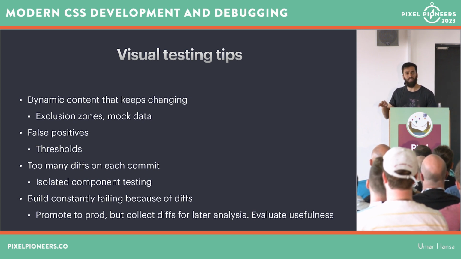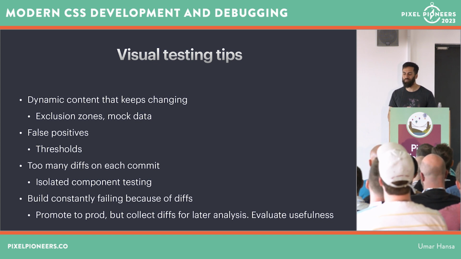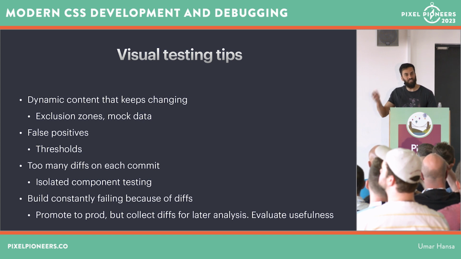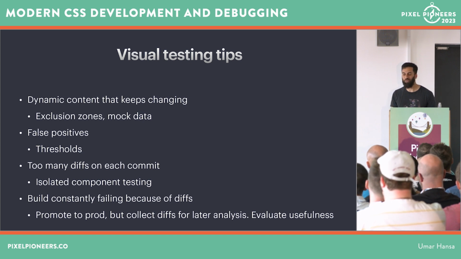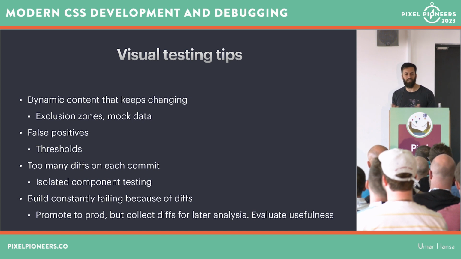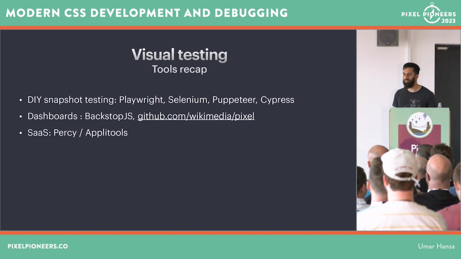If builds are constantly failing because of diffs, maybe continue to generate the diffs and use build artifacts to persist them over some weeks, maybe even over a month. Then at the end of that time period, look back as a team, have a little retrospective and ask, was this actually useful? Or were we doing visual testing just to say it's cool? So that's a little tip that I've learned.